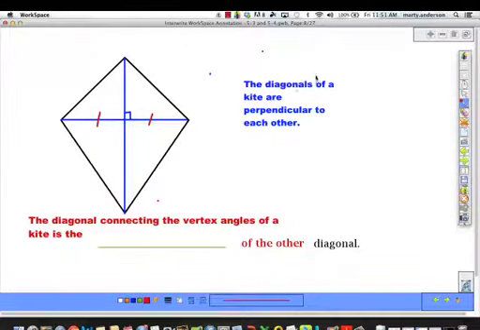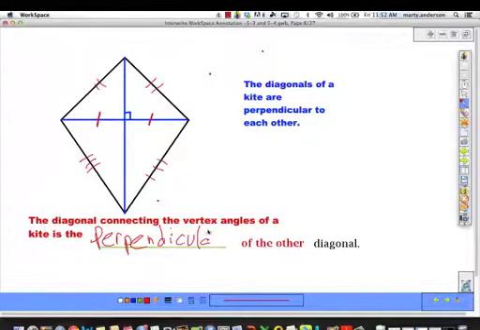Next one, the diagonals of a kite are perpendicular to each other, and actually, let's make sure that we've got this marked and this marked and this marked and this marked. Now when we take a look here, the diagonal connecting the vertex angles of the kite is the perpendicular bisector of the other diagonal. So I drew that one on the perpendicular bisector of the other diagonal.